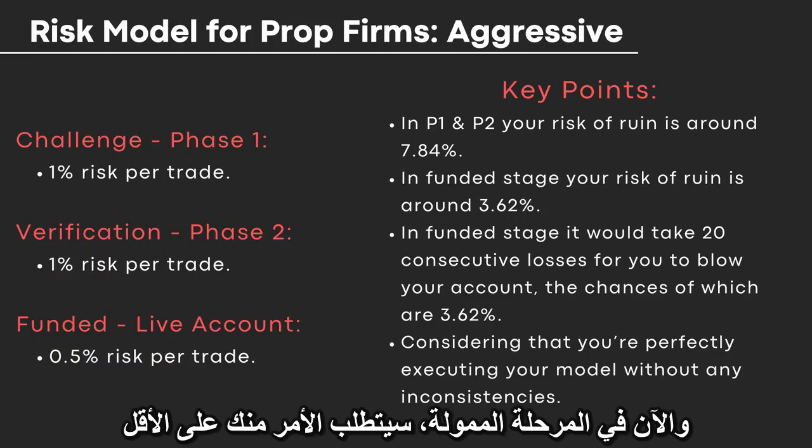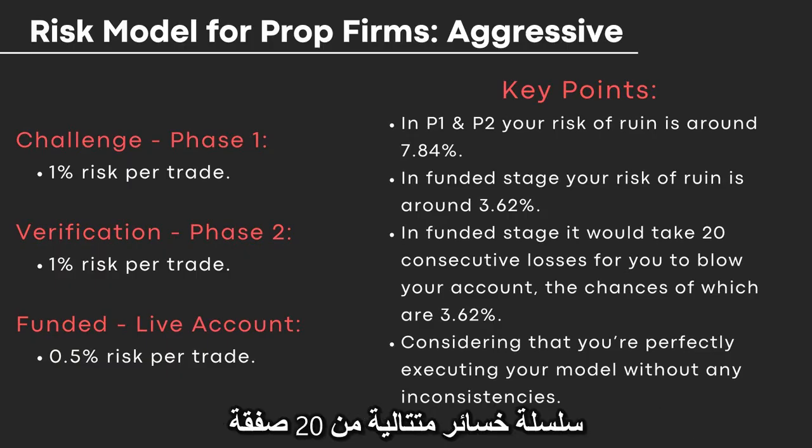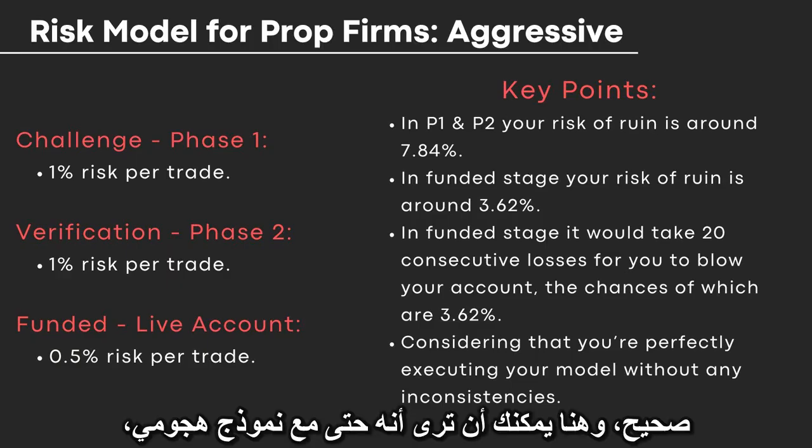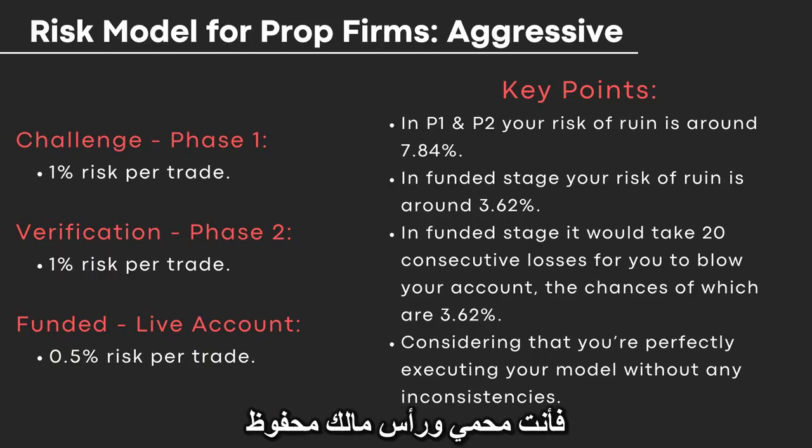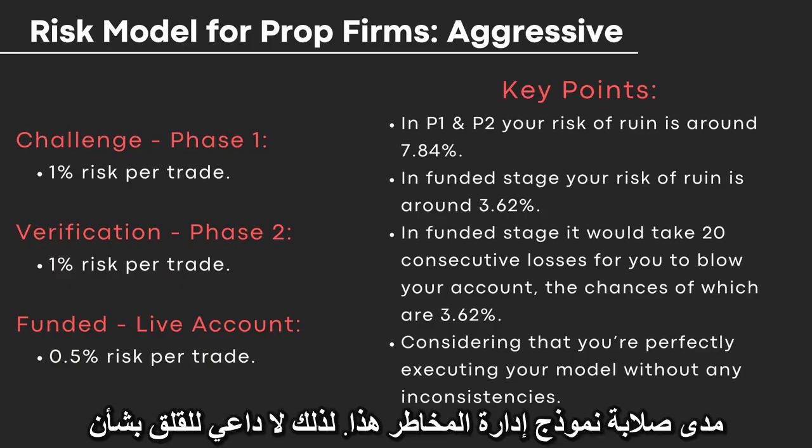And now in funded stage, it will take you at least a losing streak of 20 trades to blow your account, which is extremely unlikely, right? And right here you can see that even with an aggressive model, you are protected and your capital is preserved because of how solid this risk management model is, right? So you don't have to worry about that.